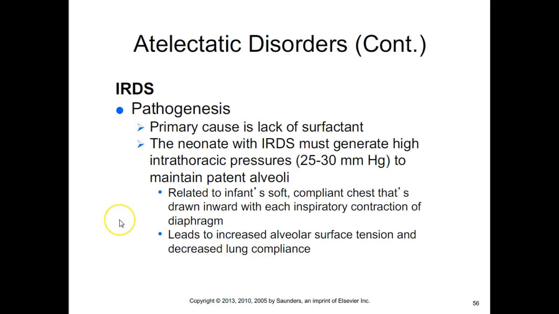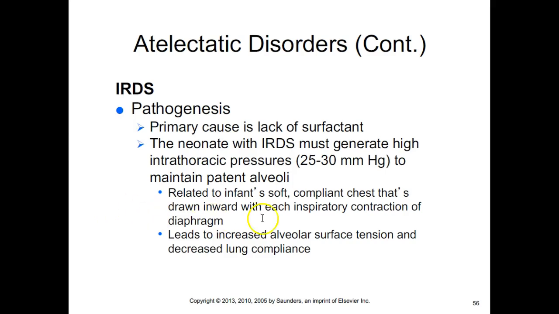So you will see the baby struggling so much to breathe that often the death, if it is caused from IRDS, is due to the baby not being able to reinflate their lungs. So they die really of energy failure, right? Because they don't have enough energy for that. They're not eating enough for that.